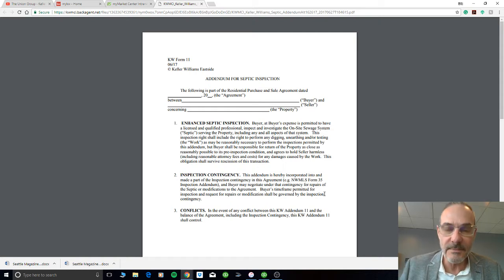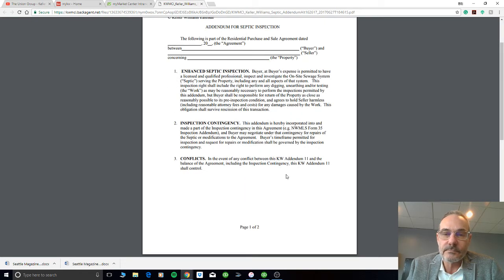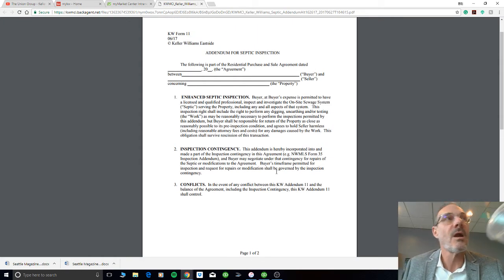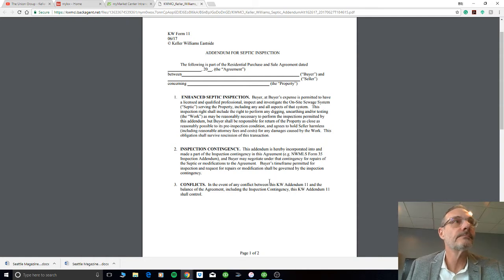Because it's incorporated into and made part of Form 35, a buyer can negotiate any repairs or modifications they need on the system from what they learn. So that meaning 22S, I remember reading the verbiage and it said the seller has to do the test and take responsibility for fixing anything that comes out. So how much stake does a buyer have? Or is that like a seller-ordered inspection?